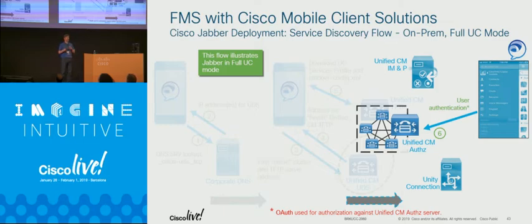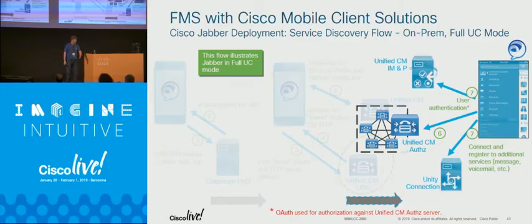We'll talk about authz in a minute. It's a use of OAuth, and I'll talk in some detail about what that is. But suffice it to say, we're authenticating against Communication Manager. Once we've authenticated, the client goes on to connect to any of those other services: voicemail, meetings, IM and presence, all of that kind of thing. So that's how service discovery works.